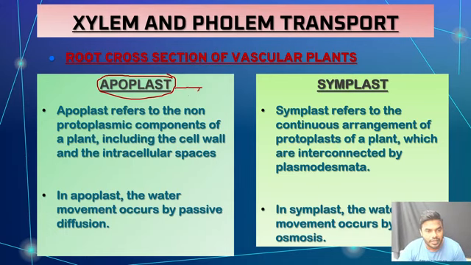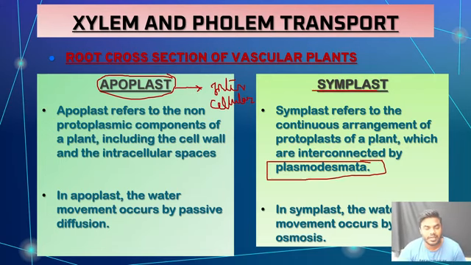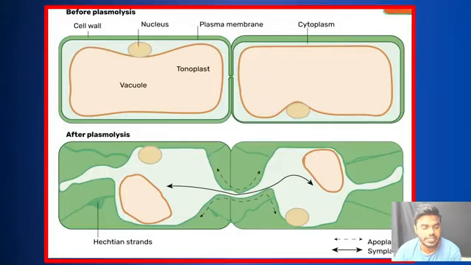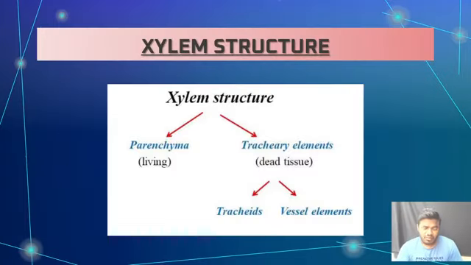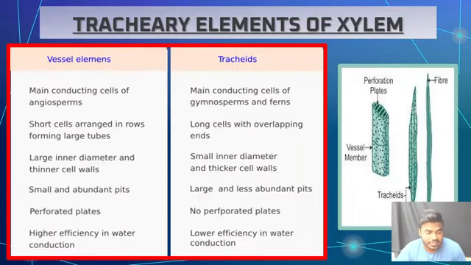Apoplastic pathway means it is always via intercellular space, right? Of course, friends, the moment you hear the name symplastic, what is the most common statement I want you to remember? Symplastic pathway, it is exclusively via what, friends? Plasmodesmata. I hope every one of you remembered everything we discussed yesterday.